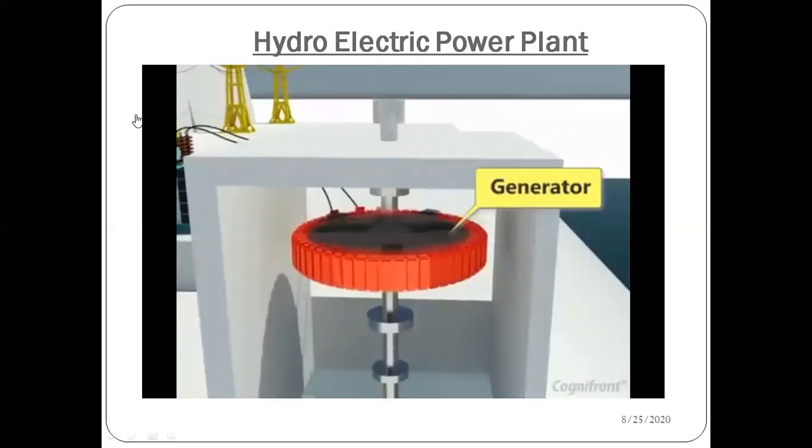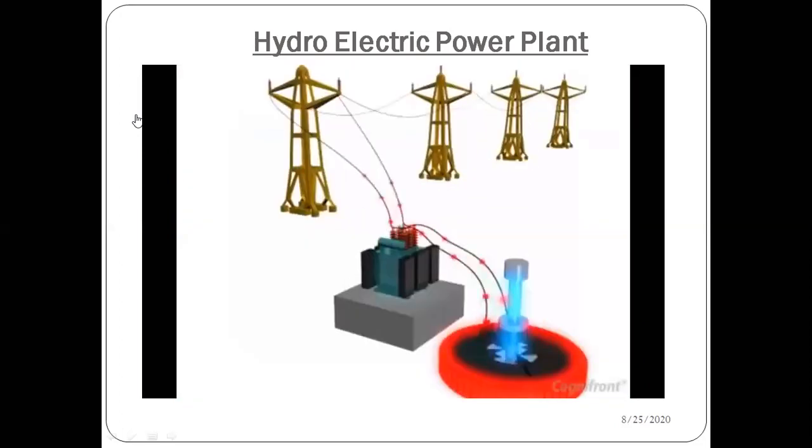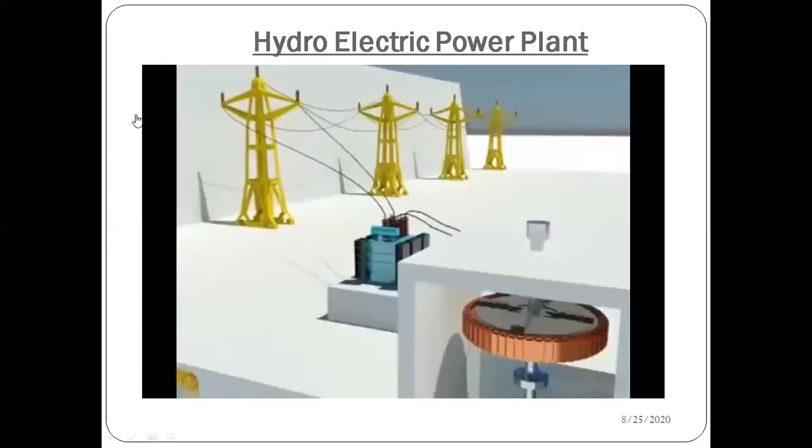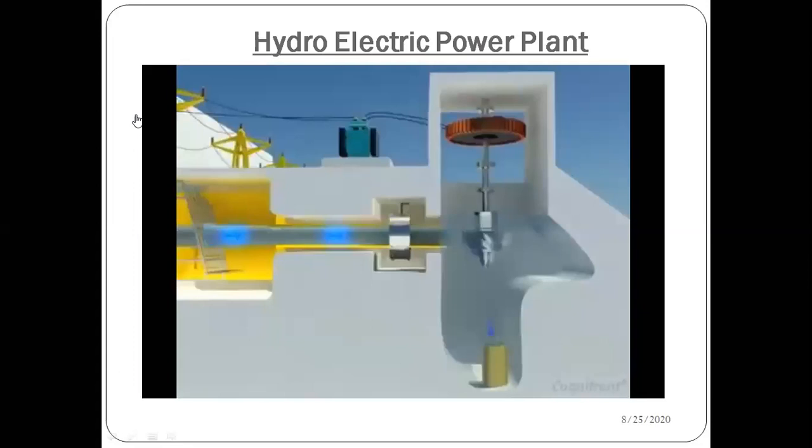The shaft from the turbine is connected to the generator. Therefore, the generator produces the electricity. The voltage of this electricity is raised by using a transformer and is transferred by the distribution lines. After running the turbine, the water is passed to the downstream water level by draft tube.